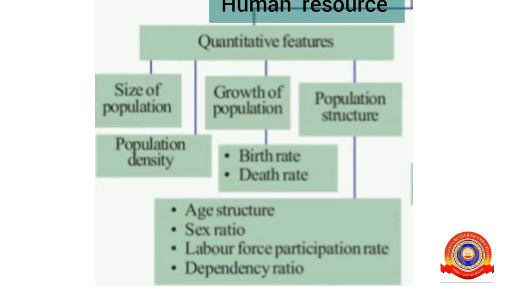Along with it, we learned about the quantitative features of human resource like size of population, population density, growth of population, and the aspects of growth of population like birth rate and death rate, and last one, population structure and its categories like age structure, sex ratio, labor force participation rate, and dependency ratio. Hope all of you understood these topics.